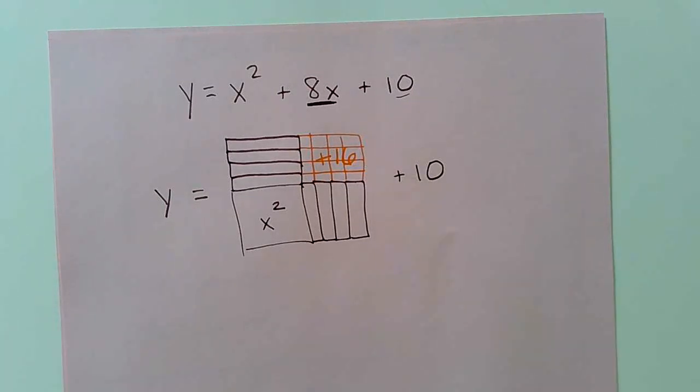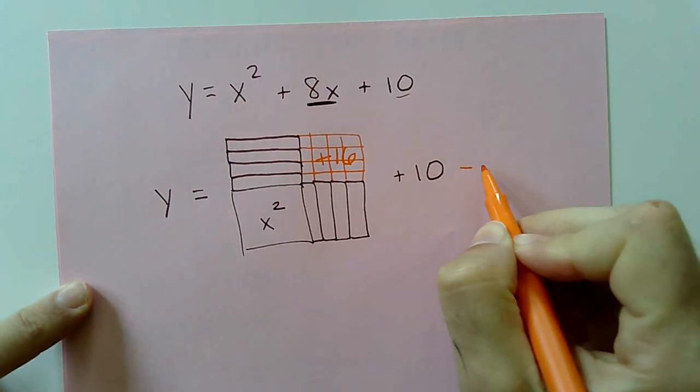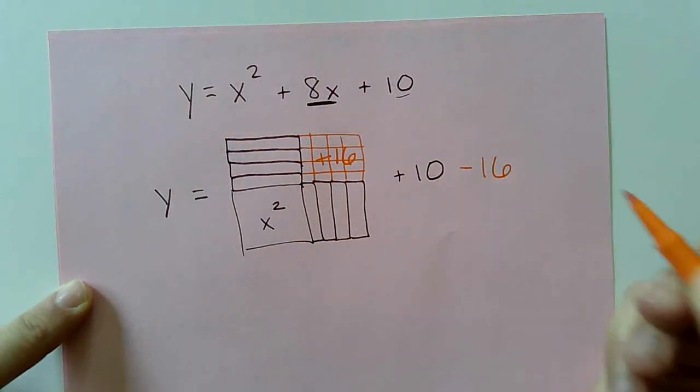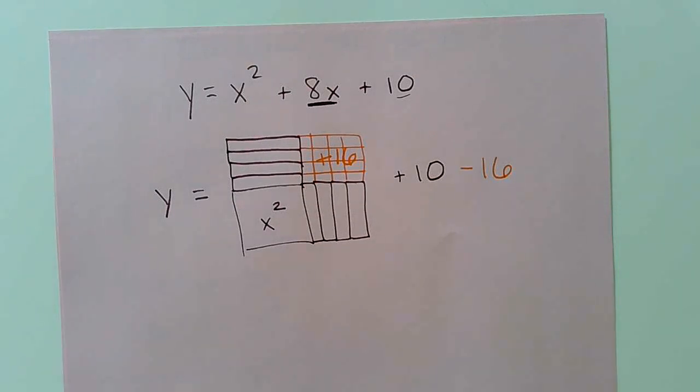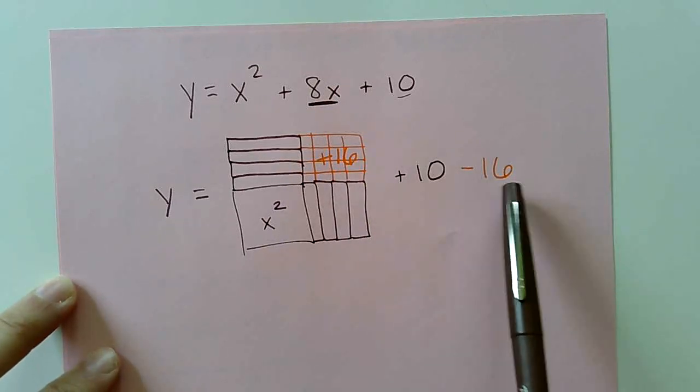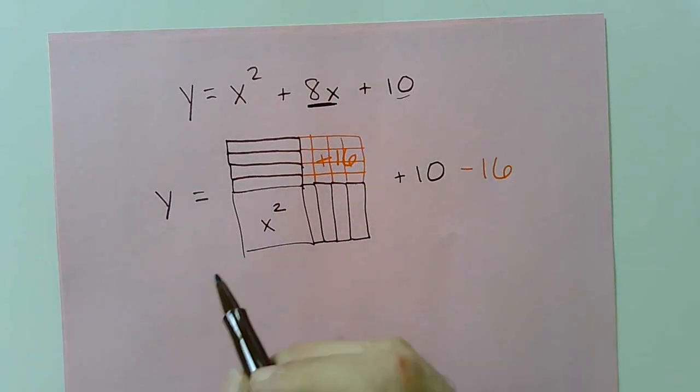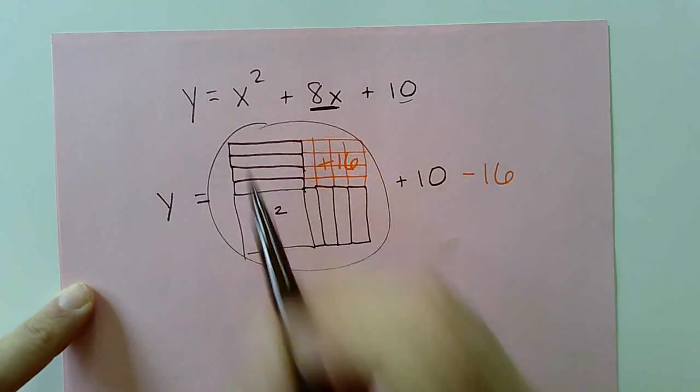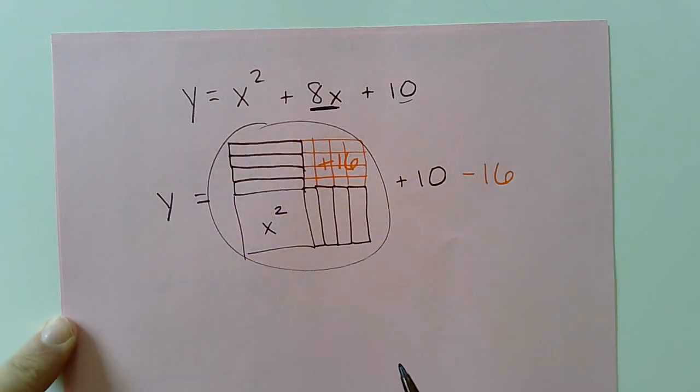If I add 16, but then I immediately take 16 away as well, like plus 16, take away 16, I've essentially added 0. I've added it and taken it away right away. But by showing it here and here, I've completed my square.